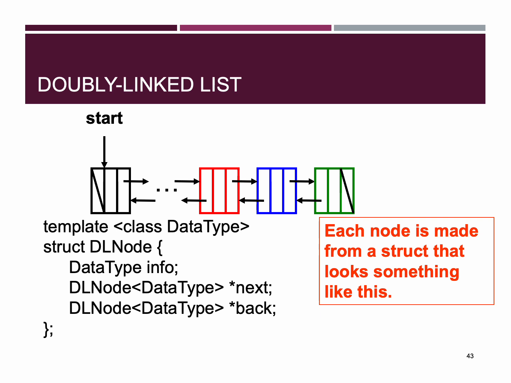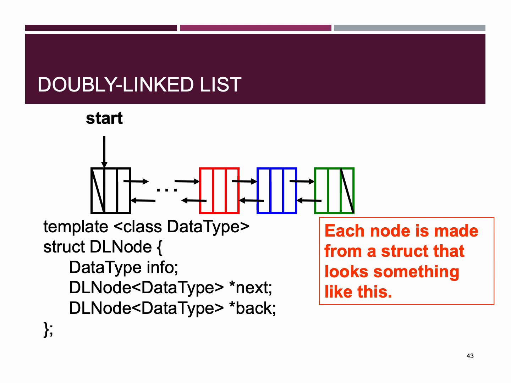Another pointer, back, points to the previous node. This allows traversal of the list in both forward and backward directions, which can be very useful in certain applications like navigating a browser's history or implementing undo-redo functionality.